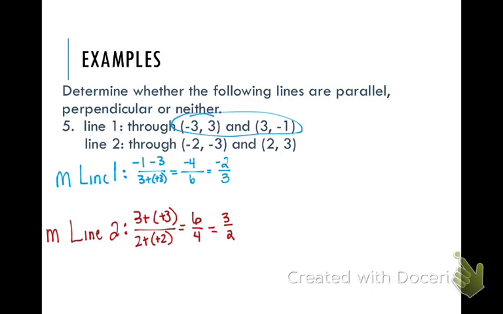So real simple. First off, are they the same? No. So if they're not the same, we know we can get rid of parallel. So really it's down to perpendicular or neither. Are they opposite values? One's positive, one's negative. So that's good. Are they reciprocals of each other? Yes. So then they are going to be perpendicular.